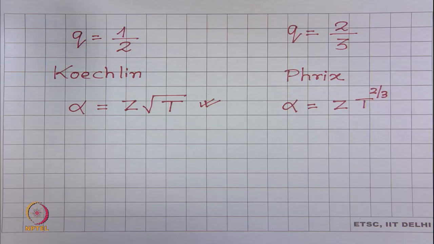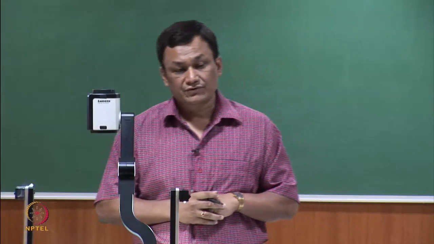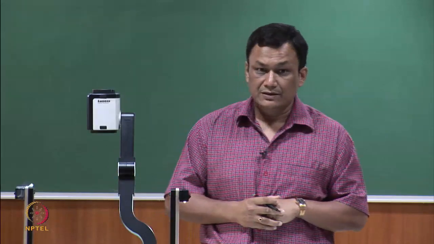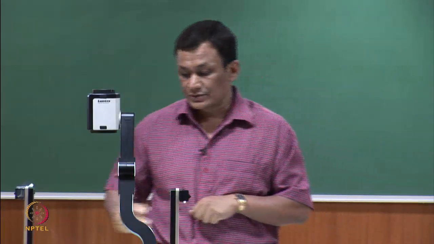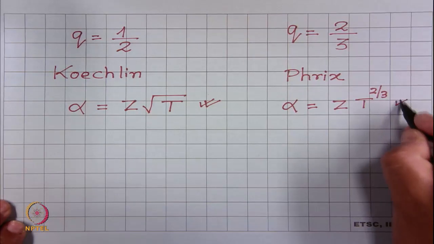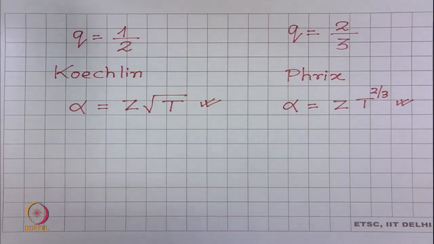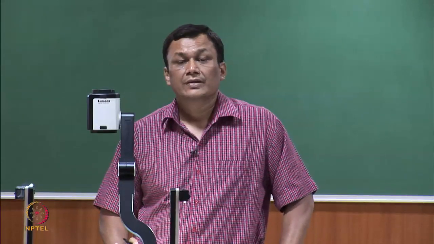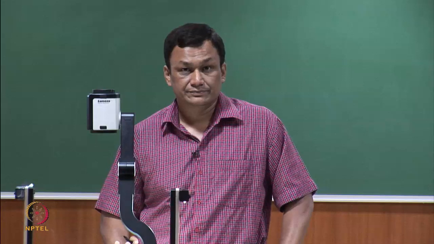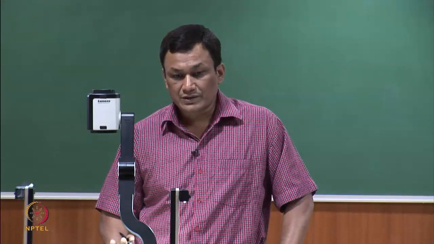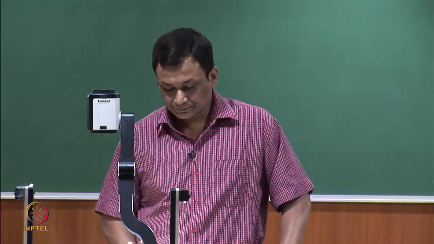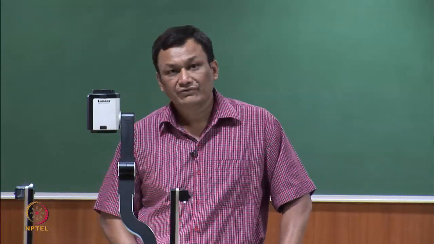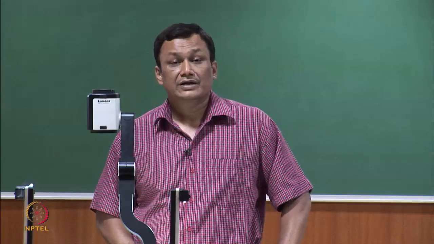However, if you visit Eastern European countries, some of the spinning companies, you will see they use a different twist multiplier. Do not get surprised, there are many different values of this exponent q in the world. In the third module, we will speak more about them. So, it is not only half, it is not only 2/3, there are many more.